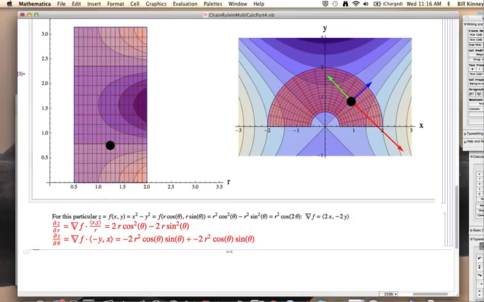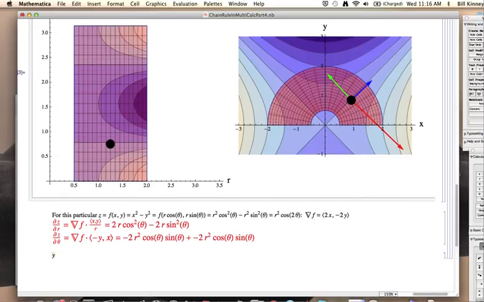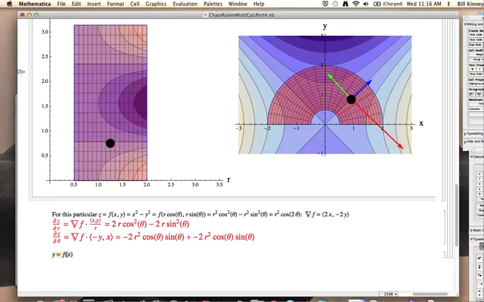Before I do that, though, I think I should review very quickly an important thing about derivatives that I hope you remember from Calculus 1. If you have y equals f of x and you differentiate that and get a derivative, you can approximate the change in the y value by taking the derivative at a given point x.